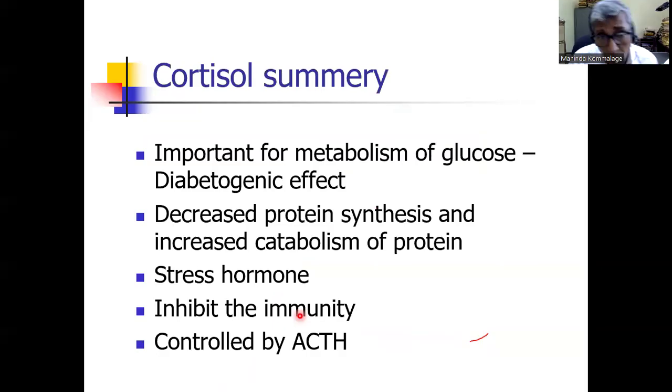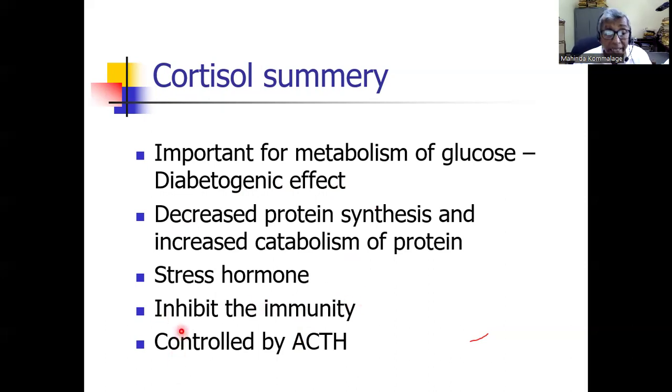As a summary about cortisol, it's important for glucose and protein metabolism. Since it increases glucose level, we can call it a diabetogenic effect, because in patients with diabetes, the problem is increased glucose. So it's a diabetogenic hormone, and it decreases protein synthesis and increases catabolism of protein and uses amino acids to do something else. And it's a stress hormone.